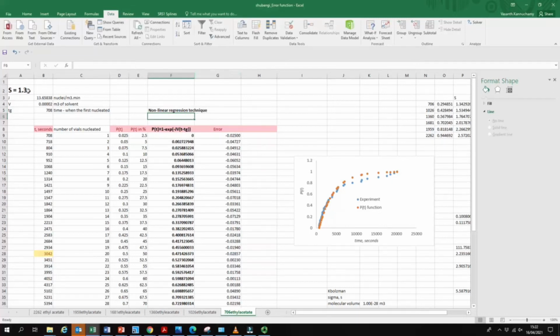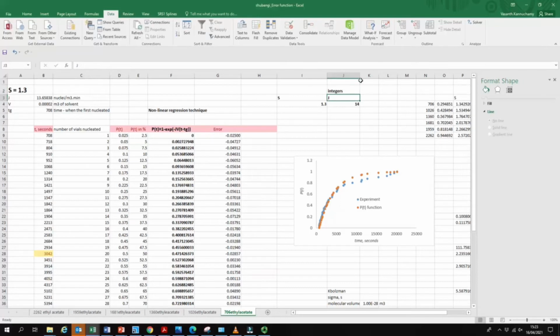So what we calculated is the nucleation rate. When the supersaturation is 1.3, our nucleation rate will be equal to 13.65, something like that. Normally we don't use these fractions. If it's 13.6, we just put 14. Nucleation rate is normally expressed in integers rather than decimals.